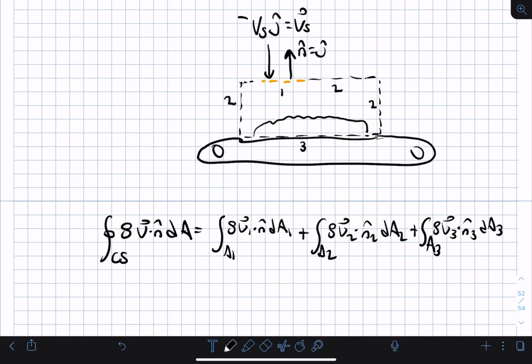and I should be careful here. This would be rho 3, rho 2, rho 1. Well, I just argued here that the conveyor is impermeable, so there's no mass crossing through it. So that goes away. And there's simply no sand crossing any portion of the second edge on the control volume.